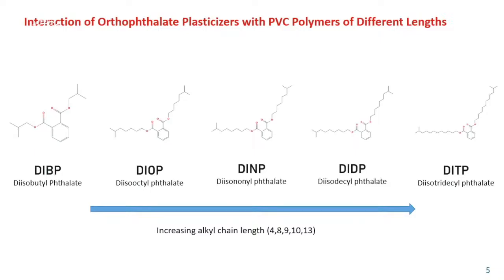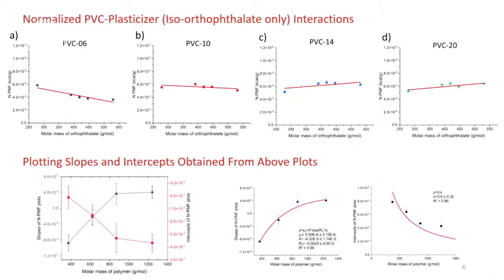So what I see is, when I change the polymer length, for different polymers, the molar mass of the orthophthalates, and interaction with different sets of polymers from PVC 6, 10, 14, and 20, when I see the change in the polymer interactions, I can see the change in slope from negative to positive.